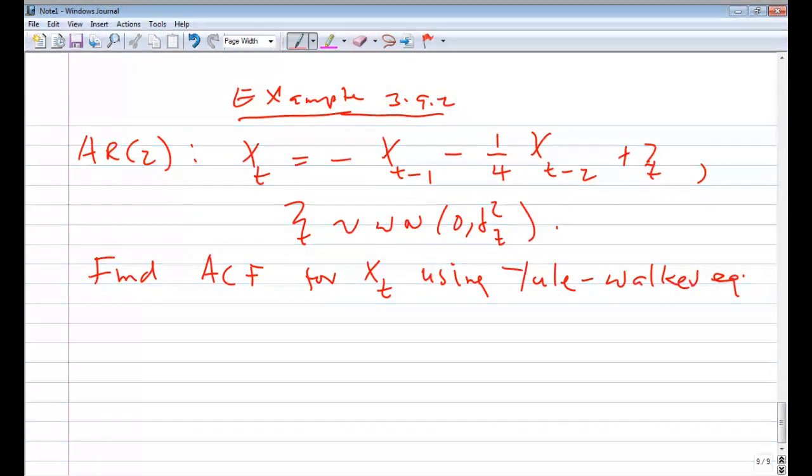Before you find the ACF, remember I told you that you can't find the ACF if your process is not stationary. You have to make it stationary first. It's then that you can find the ACF. So I'm asking you, is the process stationary or not? You can quickly identify that.